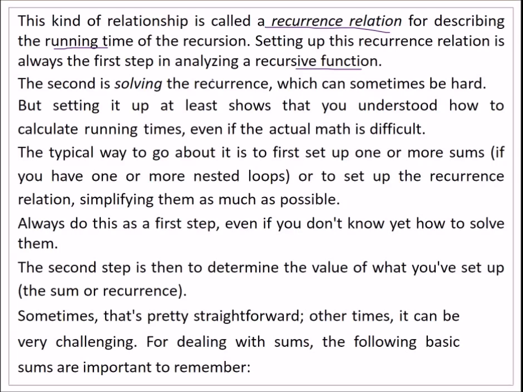So the way to go about solving this recurrence is first to set up one or more sums, or to set up the recurrence relationship, whichever is better for you, and we'll see it later. These steps are important because once you have them, it will be very easy to solve the recurrence relationship.